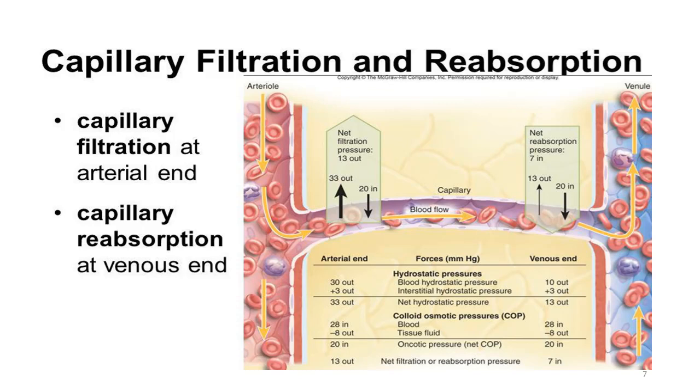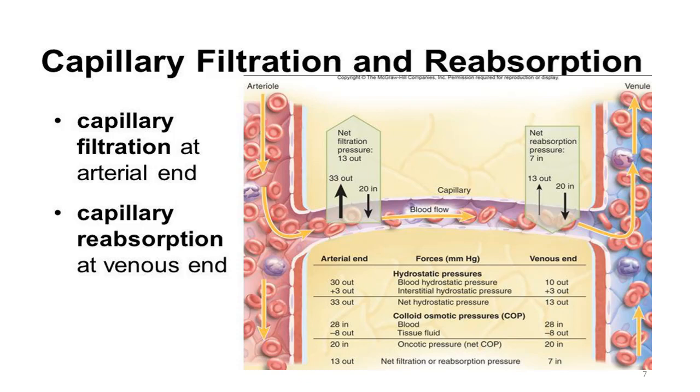So only in 1/3 of the capillary's length do we have 30 millimeter mercury, and in the other 2/3 of the capillary's length we have 10 millimeter of mercury. Because of that, we can see these differences in pressures that can push the blood outside of the capillary or absorb the fluids from the interstitial fluid into the capillary.